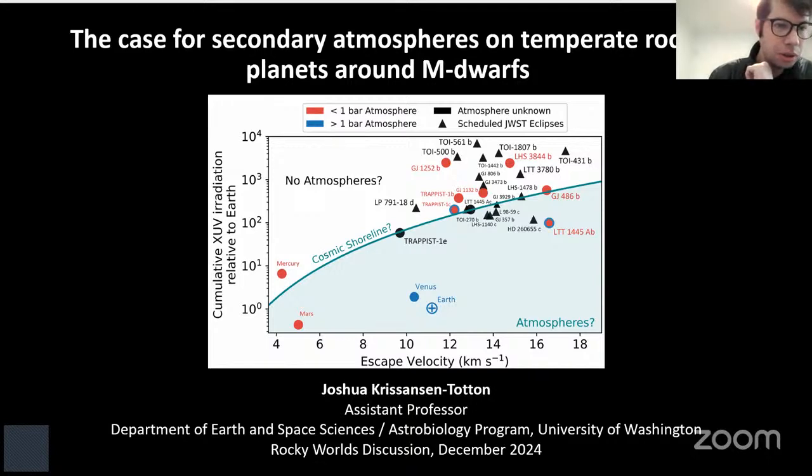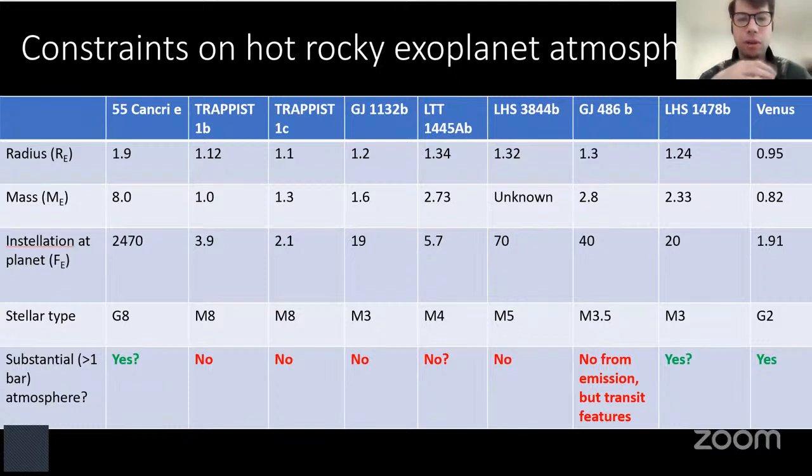So, beginning a talk with a complicated looking table like this is probably a terrible idea and something I would tell my students not to do. But this is actually something I use in teaching classes. It's a table of rocky exoplanets for which we have decent constraints on whether or not they have atmospheres, and I find presenting it as a table is a nice way to capture the multidimensionality of this sample of planets.